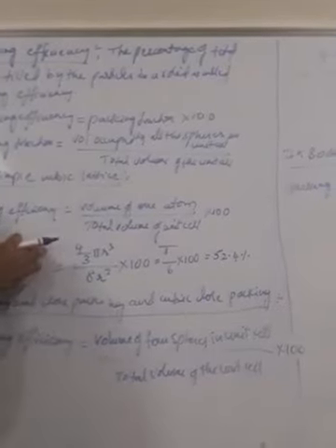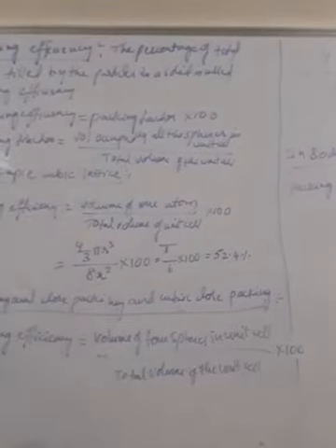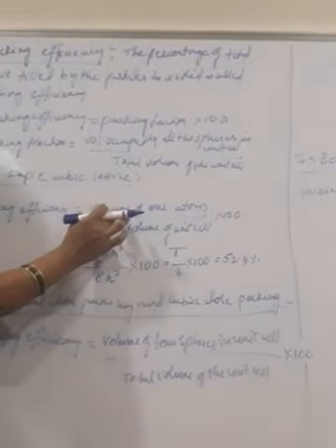Each corner point is shared by 8 unit cells, so only 1 by 8 part of the particle belongs to that particular simple cube. So 1 by 8 into 8 gives 1 atom per unit cell of a simple cube.